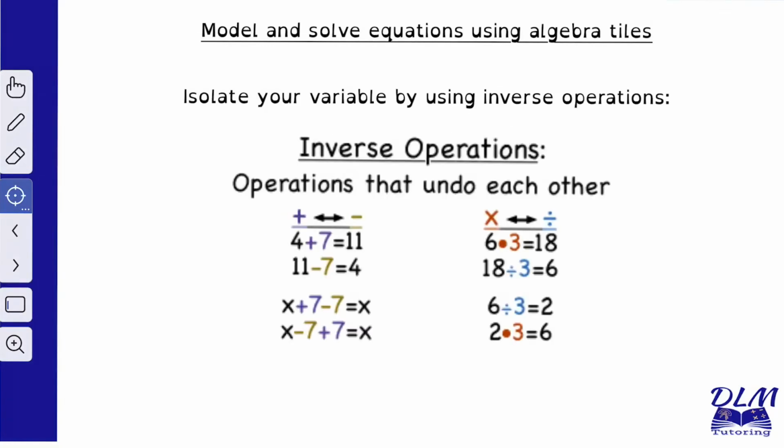Finally, as you're working on solving equations, you have to remember to isolate your variable by using inverse operations. For a reminder on inverse operations, they're operations that undo each other. For instance, addition undoes subtraction, subtraction undoes addition. Multiplication undoes division, division undoes multiplication.